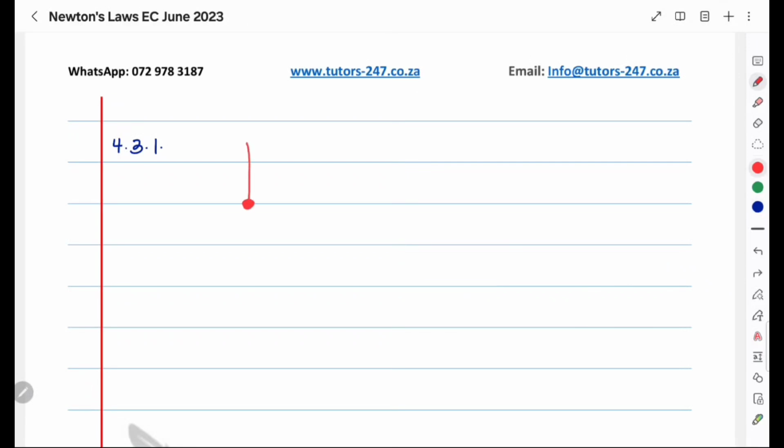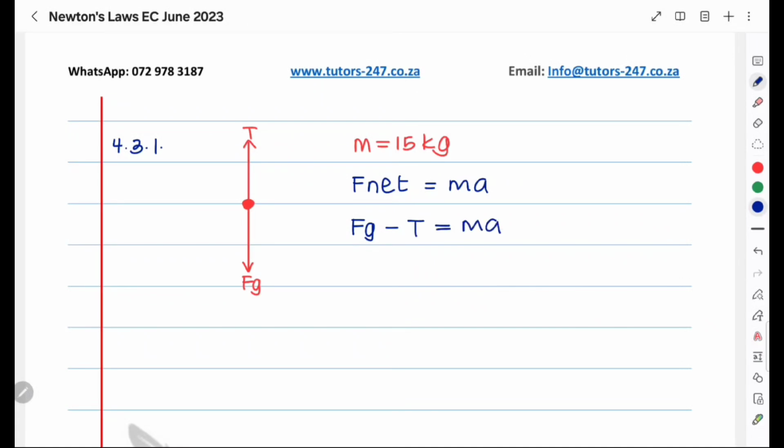For our 15 kg block, we have tension acting up and we have Fg acting down. So take note that the mass is 15 kgs. So from here we will state F net is equal to ma. We're taking down as positive, so it is going to be Fg minus tension is equal to ma.